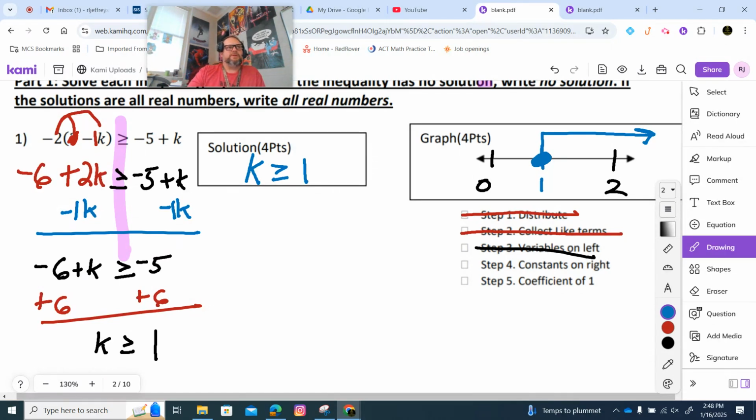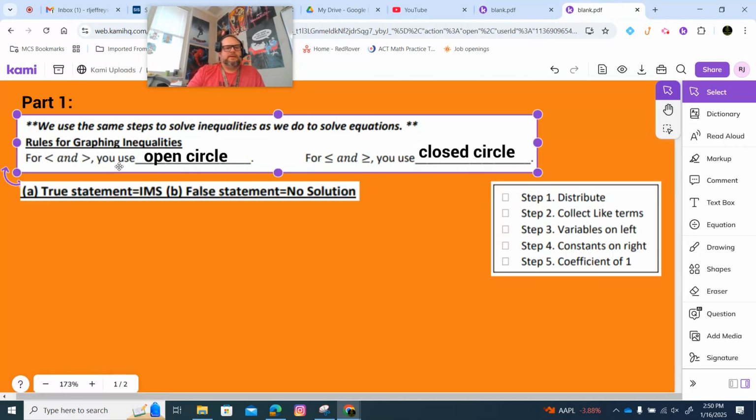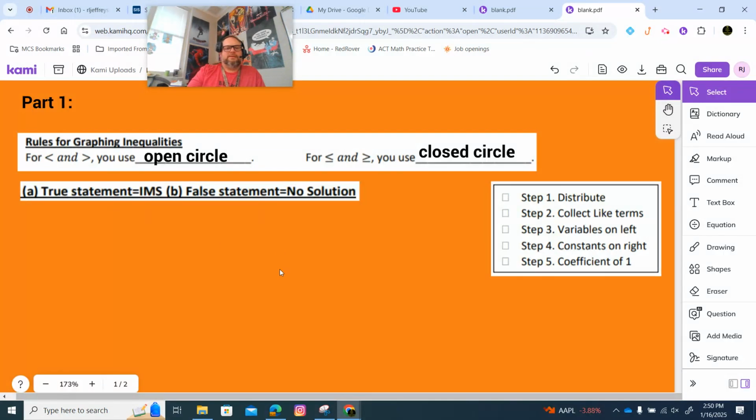All right, go to number 1. Now, again, open circle, it's that stuff. Like open circle this, close circle this, true statement IMS, false statement no solution.